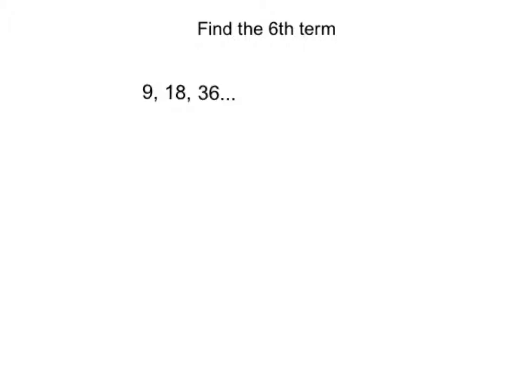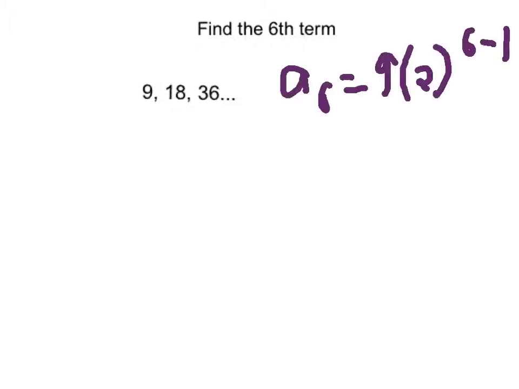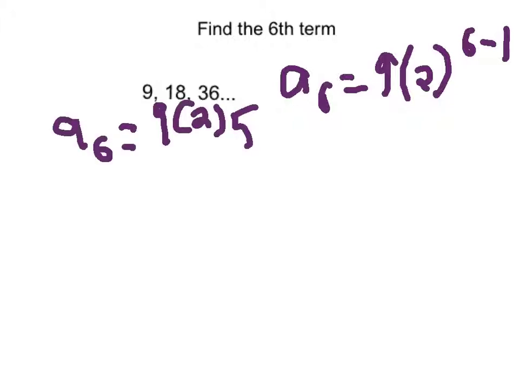Find the sixth term in this sequence. Let's plug in the numbers. Our equation is a sub 6 equals 9 times 2 to the 6 minus 1 power. Then you simplify and you get a sub 6 equals 9 times 2 to the 5th. Then you do 2 to the 5th and you get 32.